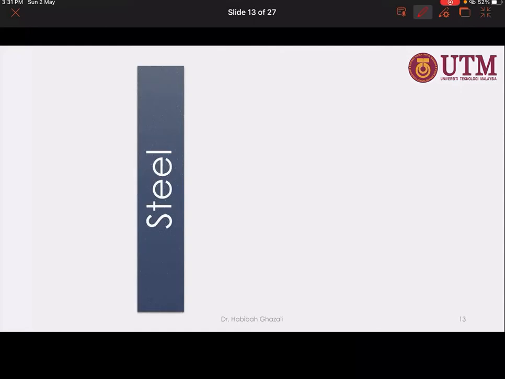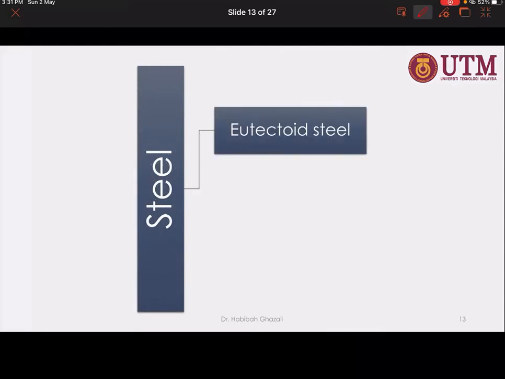All right. So for steel, there are several types. When we differentiate the types of steel, we refer to the microstructure, and it relates to the carbon composition.